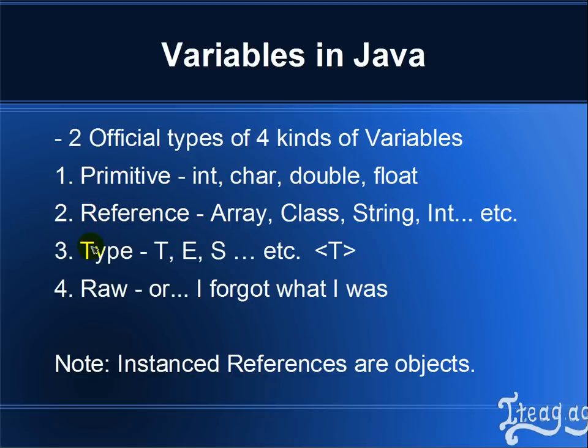Now, this third type and the fourth type, I'm not going to go into detail on them at this time. When you start going with this, you're going to get a lot of bugs if you're not extremely careful. So, guess what? This is for the intermediate. I'm not going to go over it.